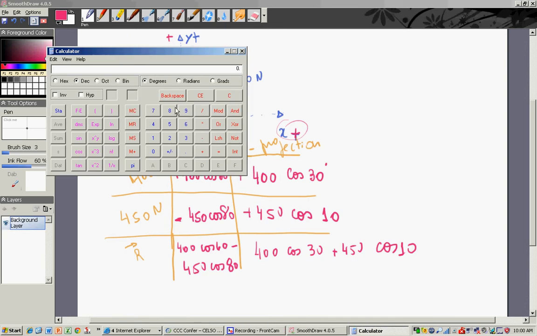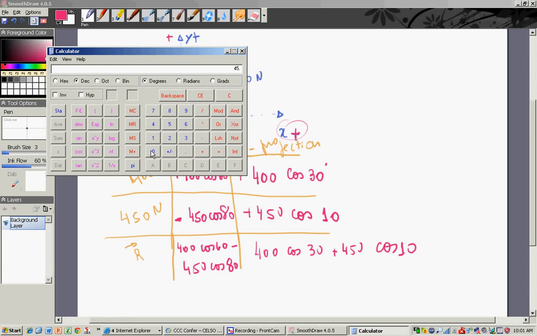So the next step is calculator, right? So you go to your calculator, and then we do that. 450 times... no, wait a second, I think I did it wrong.